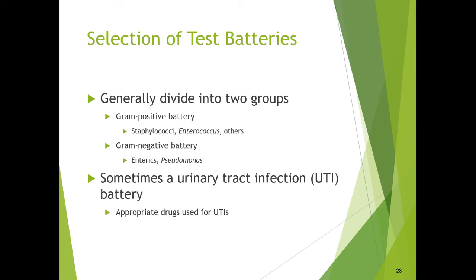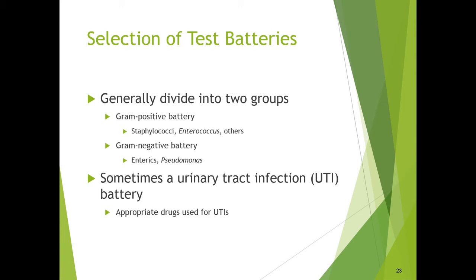So each facility has developed these different batteries of antimicrobial agents that gram-positive organisms are tested against, and then a completely different set of gram-negative antibiotics. And there may be some overlap between the two, but you'll see some differences.